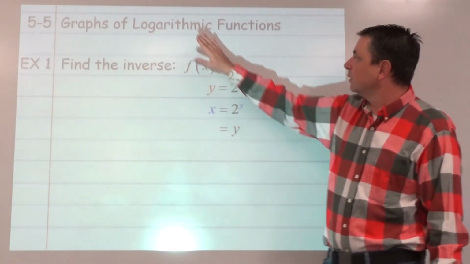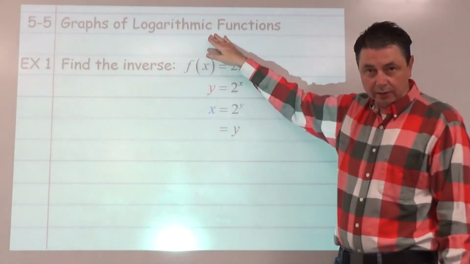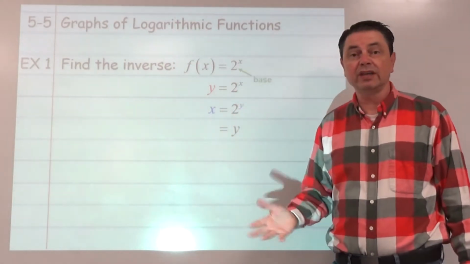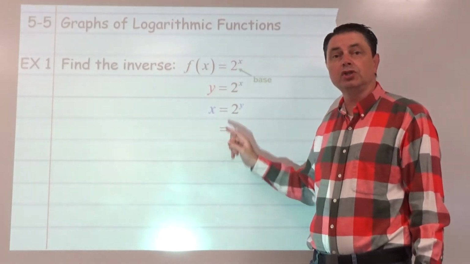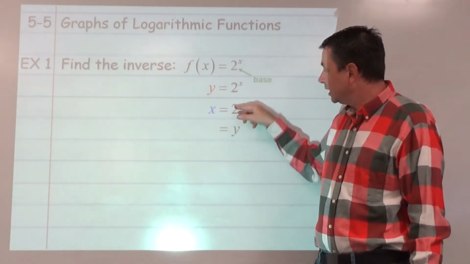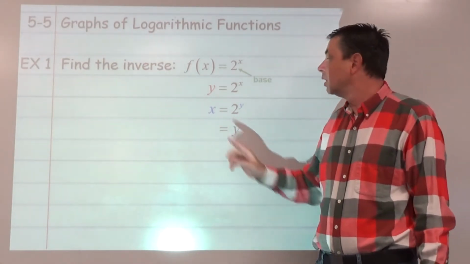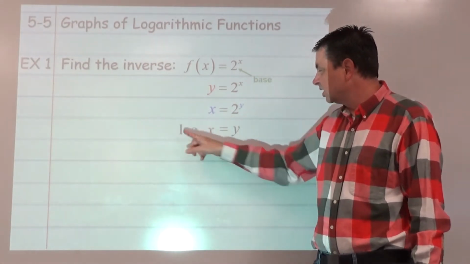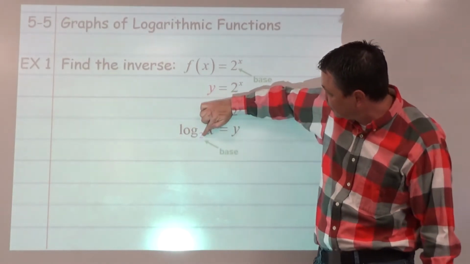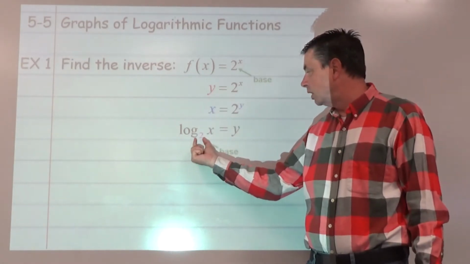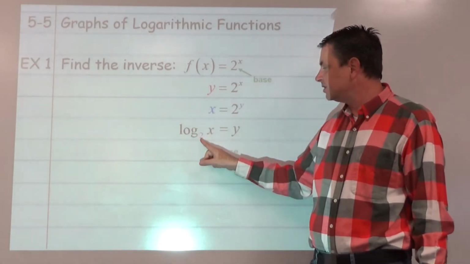The 2 is now going to become the base of the logarithm. The abbreviation for logarithm is log, and because the 2 is moving over, it's going to be base 2 of x. It's log with a little 2, a subscript written low and small, log base 2 of x.